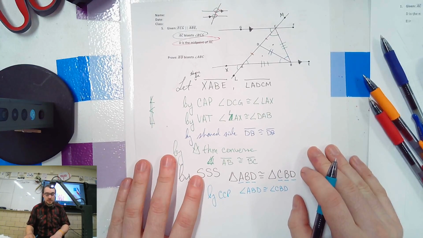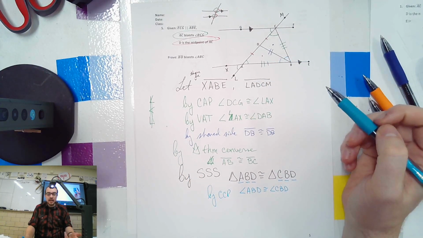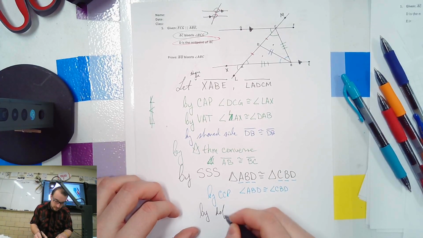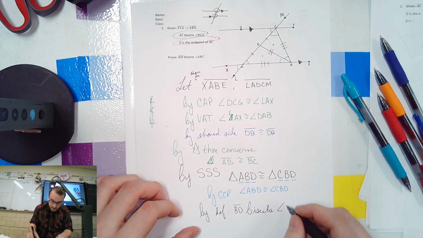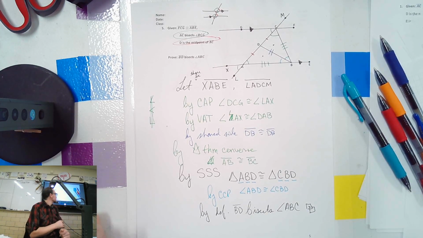So that means that by definition, does DB bisect that angle? Yeah, because it's in two equal halves. So by definition, BD bisects angle ABC. Be sure to write it just like they did at the top. Done.